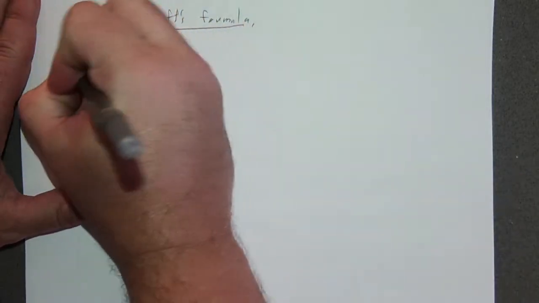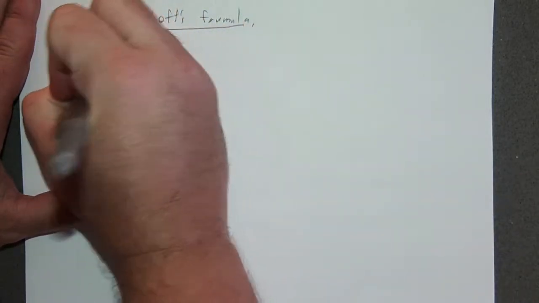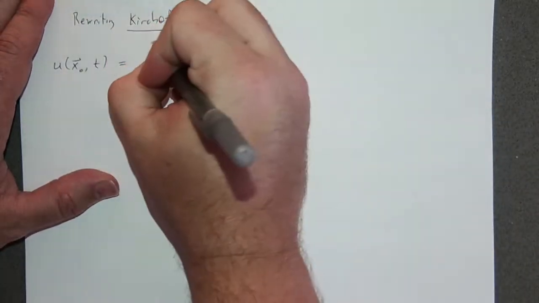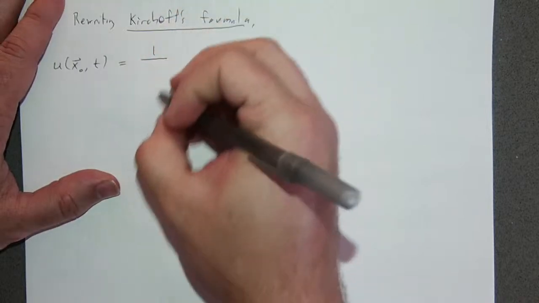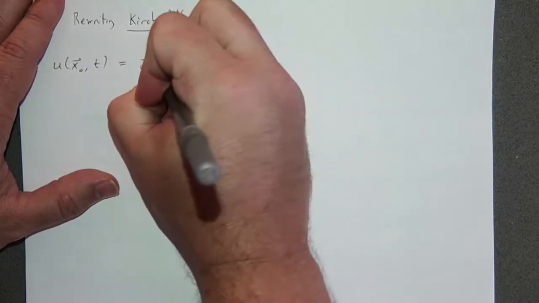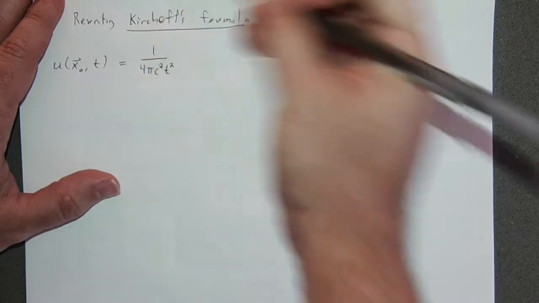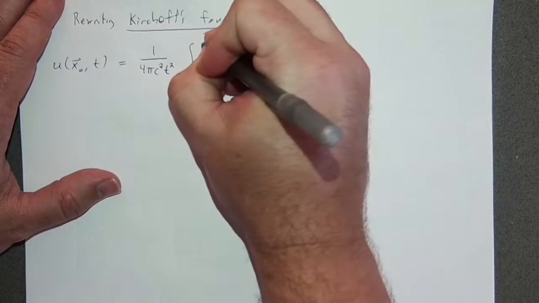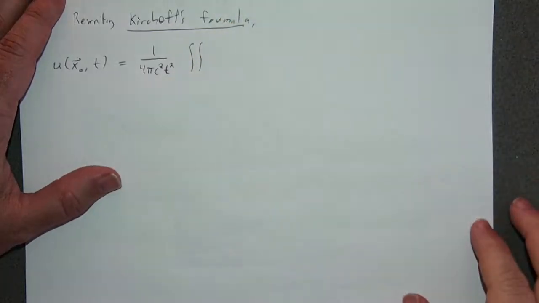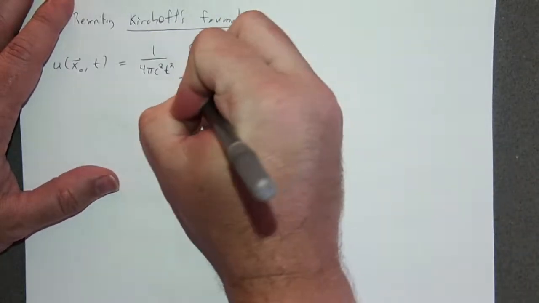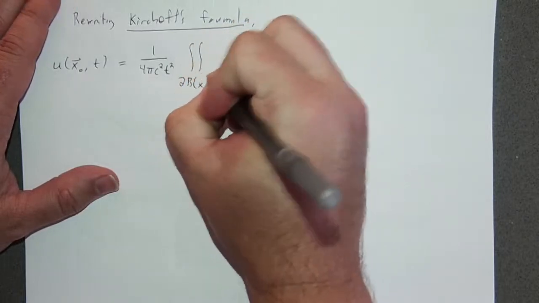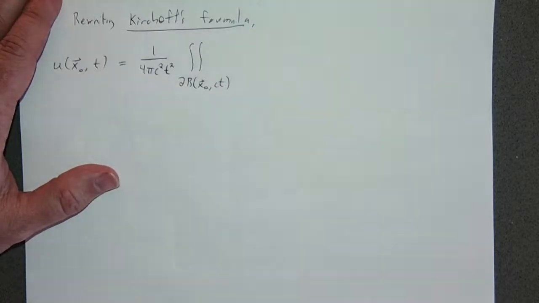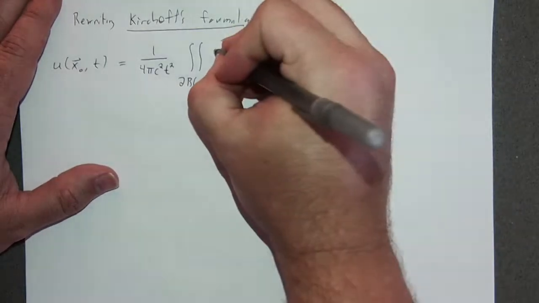The displacement at a fixed point x naught, t is 1 over 4 pi c squared t squared times the integral over the boundary of the ball centered at x naught of radius ct of the quantity.